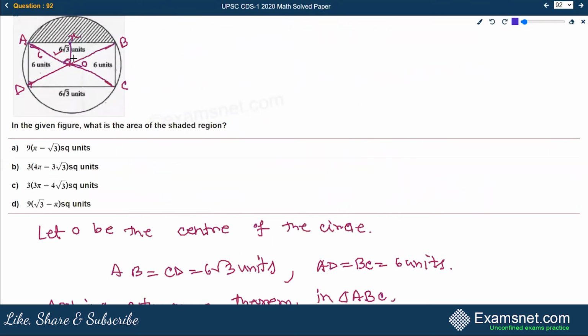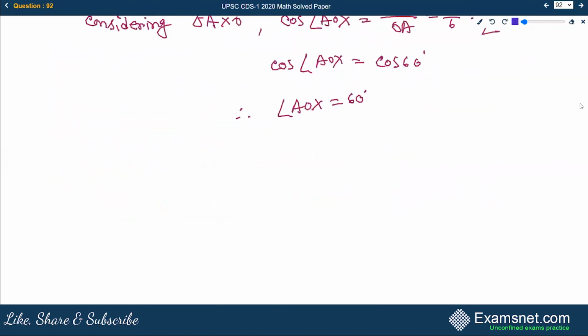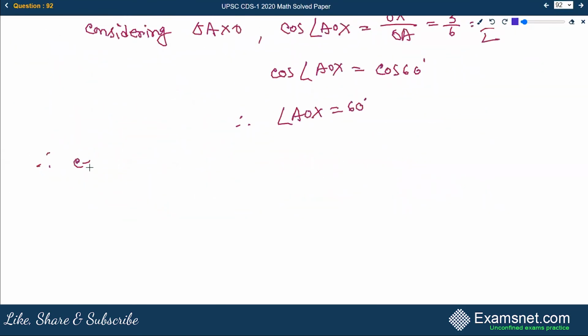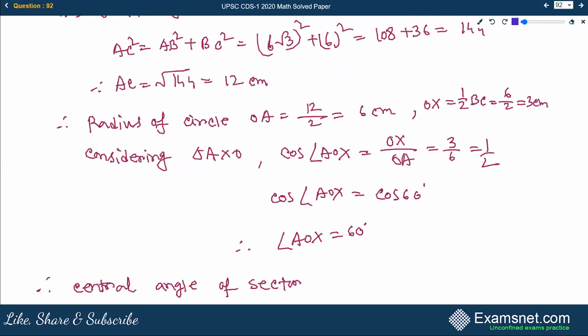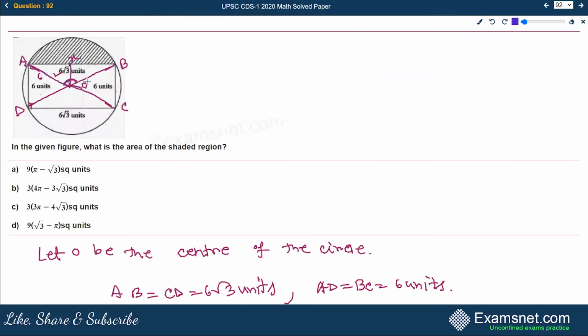So what will be the value for this total AOB angle? It will be double. So the central angle of sector, this is a sector. Why? Because OA and OB, these two radius, and enclosed by these two radius and the arc AB.